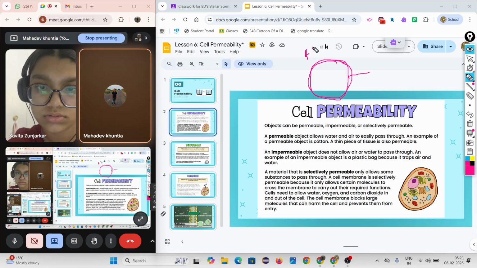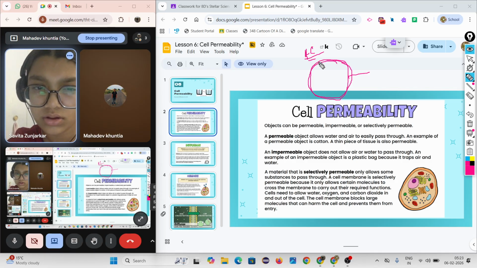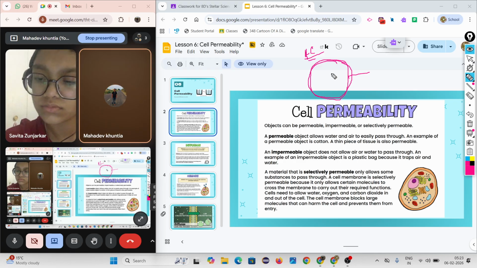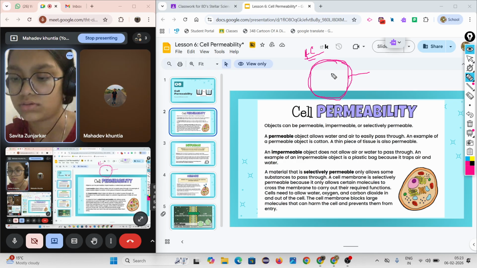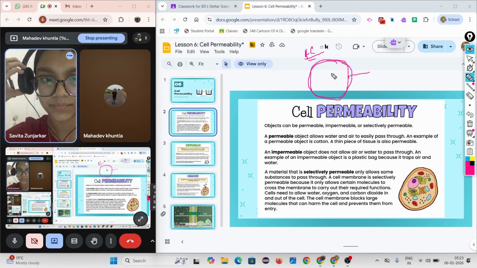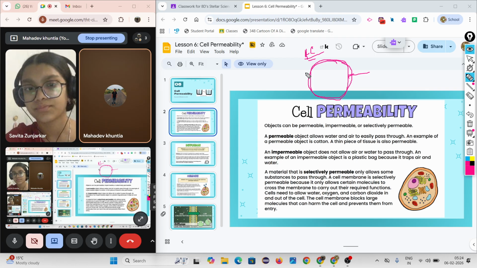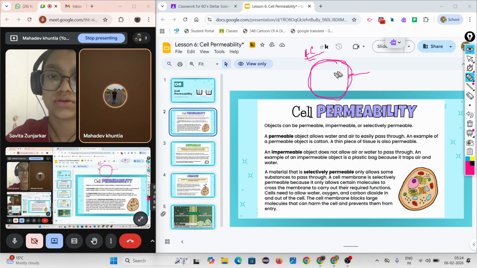In an animal cell, the cell wall is absent, right? So my question is, what is this structure? Cell membrane.